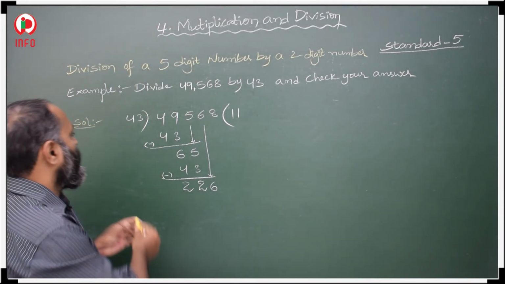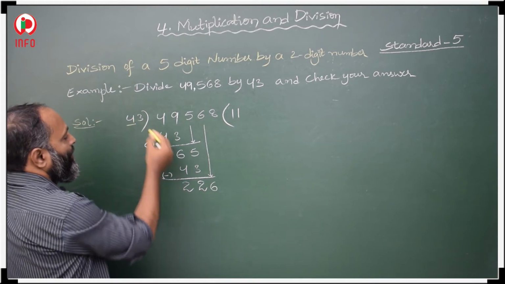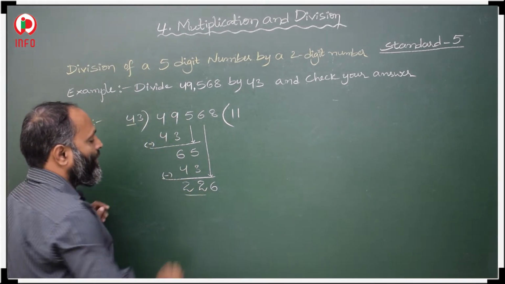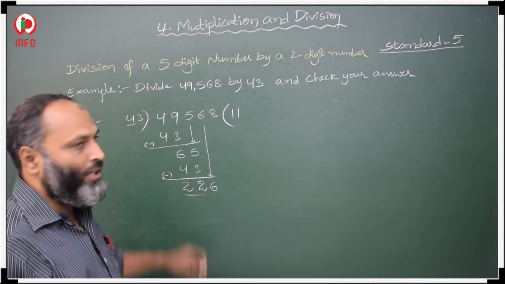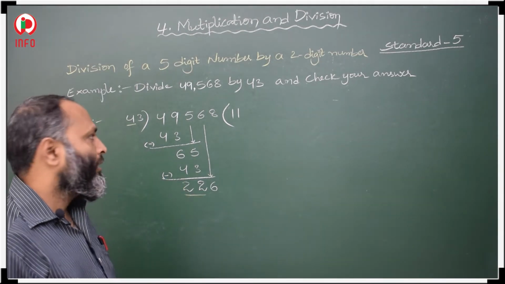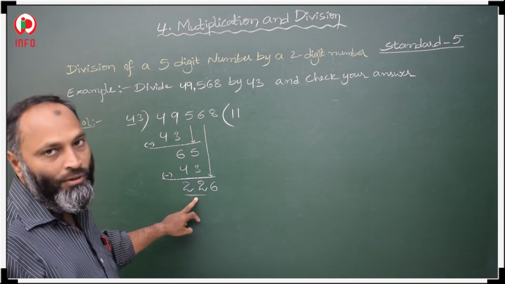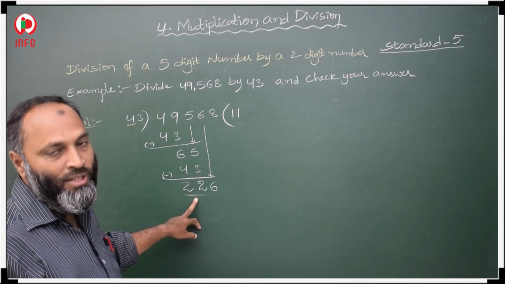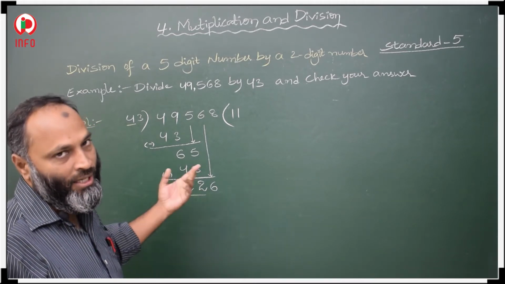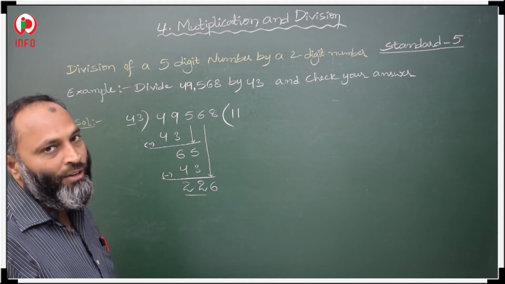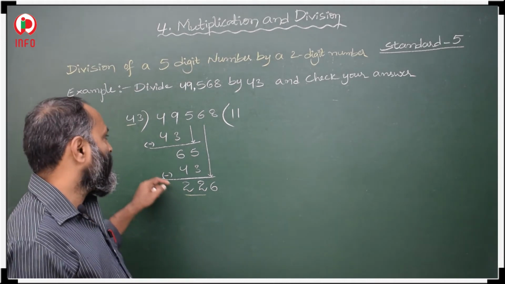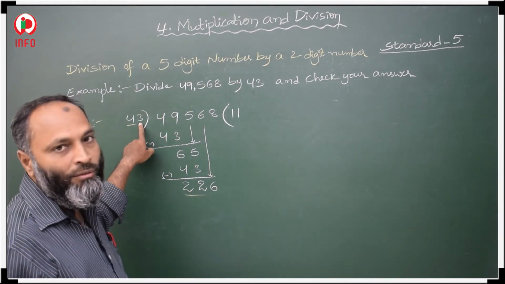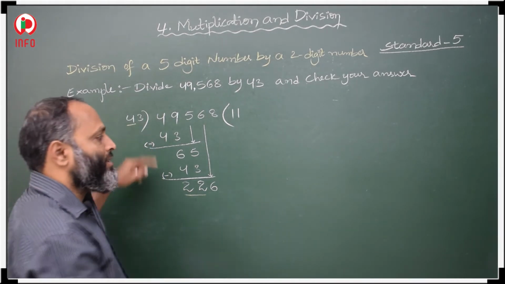Take one digit here and 2 digits here. In the 4 table, near 22: 4 5s are 20, 4 6s are 24, which is greater. So no need to take 6, we check 43 5s first.